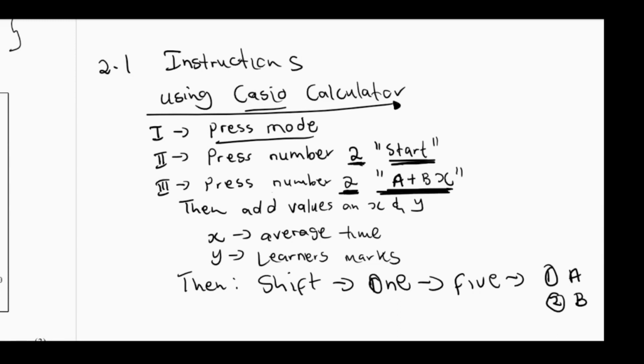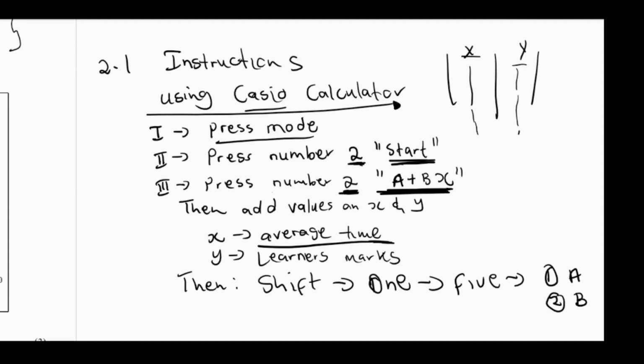And then after doing that, you're going to see a table which is like this. So it's going to be x and it's going to be y, right? So you're going to put in values of x and then values of y. In the values of x you're going to put average time, because that is on the x-axis if you see the scatter plot.